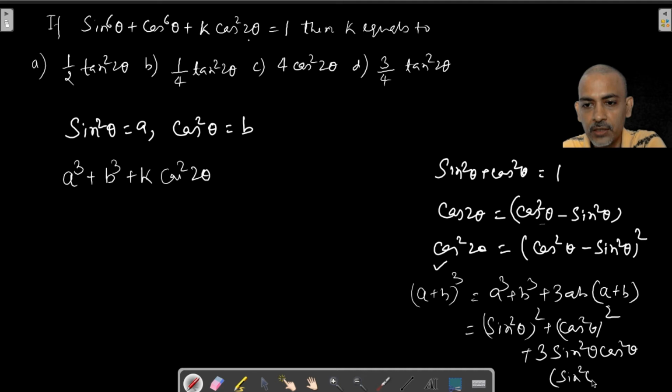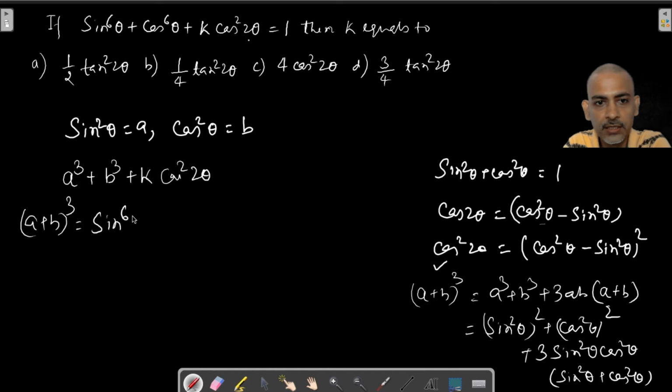Now compare this expression with this one. What will A plus B whole cube become? Let's put it again here. This will become sine to the power 6 theta plus cos to the power 6 theta plus 3 times sine square theta cos square theta into sine square theta plus cos square theta.